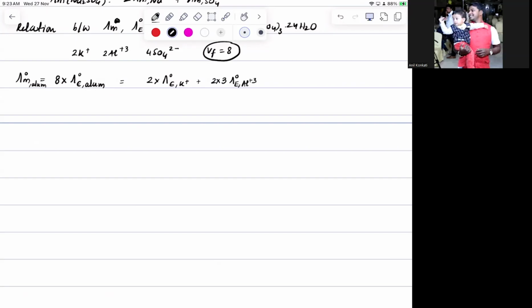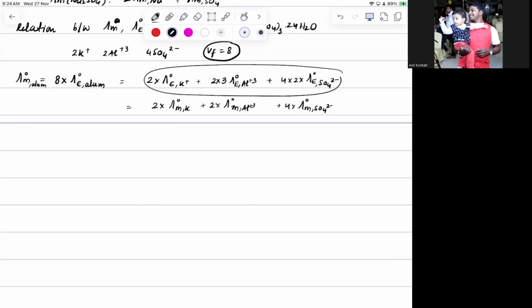That 3 is multiplied because it is the valency factor for aluminum. Plus 4 into 2 times lambda e naught of SO4 2 minus. My request is please learn to write this thoroughly. If I write it as 2 into lambda m naught of K plus, plus 2 into lambda m naught of Al 3 plus, plus 4 into lambda m naught of SO4 2 minus, and when you write it in terms of equivalent conductance, this is what you will get.